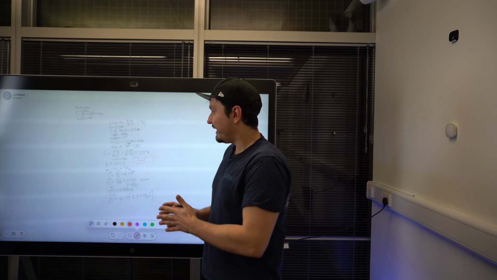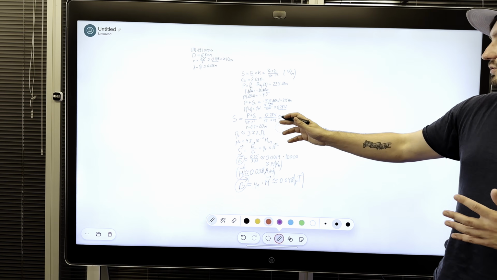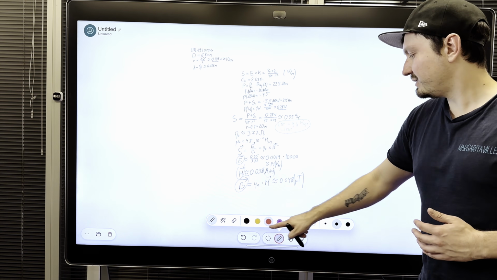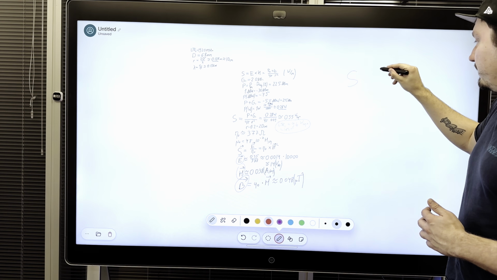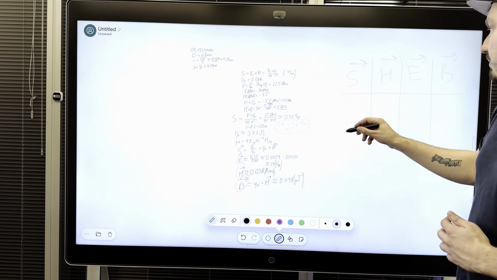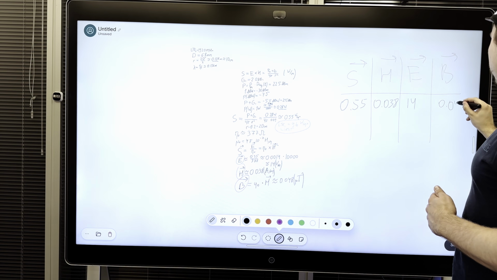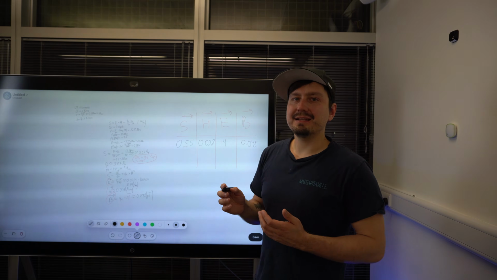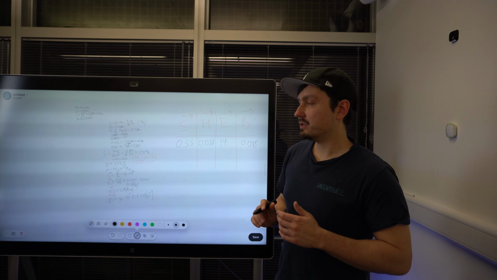So this is effectively how you can perform this assessment, and the last thing you would do, you would write it all out in some sort of a table. So you would say it's like that. And then you effectively compare it against the limits from ICNIRP guidelines.